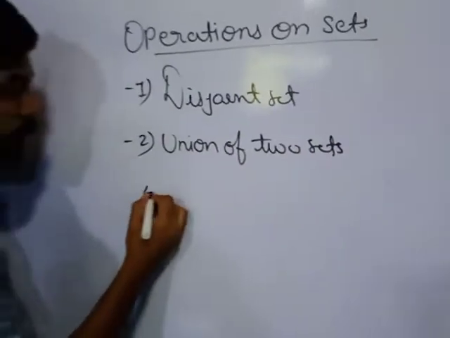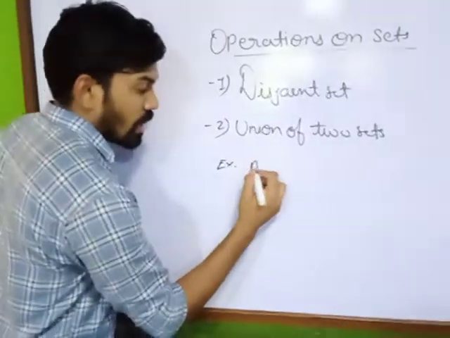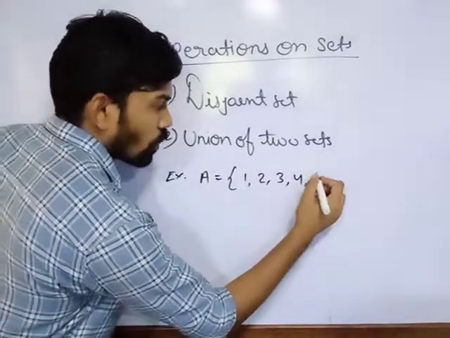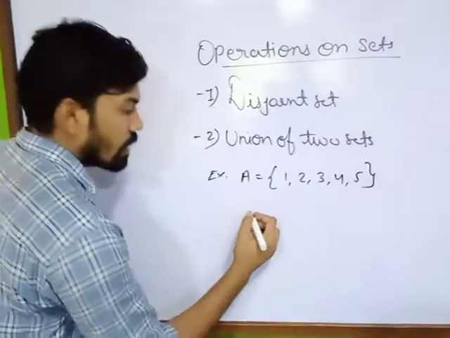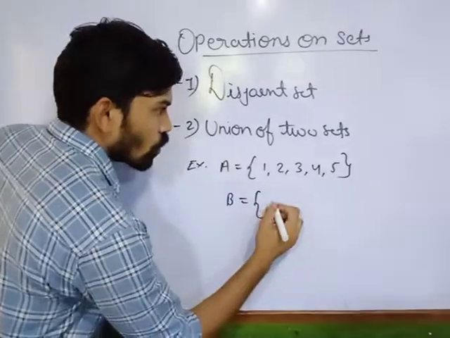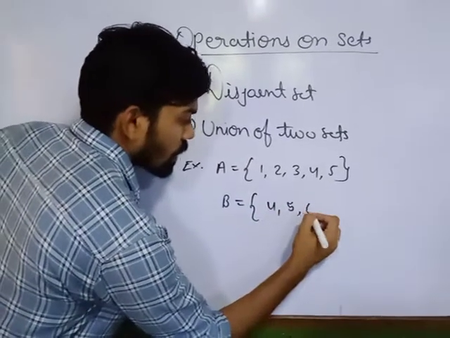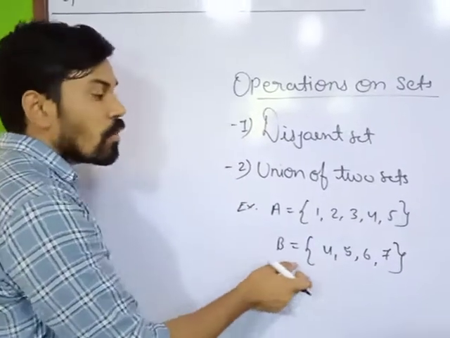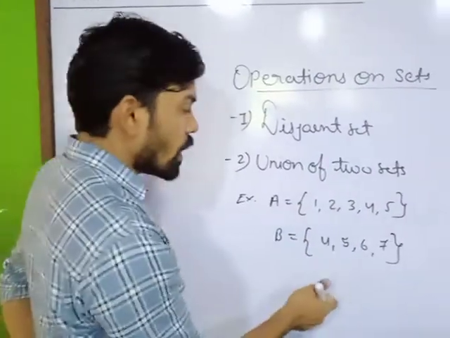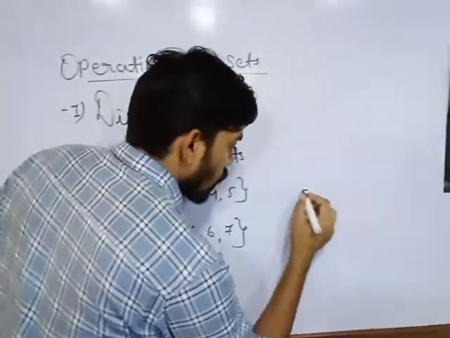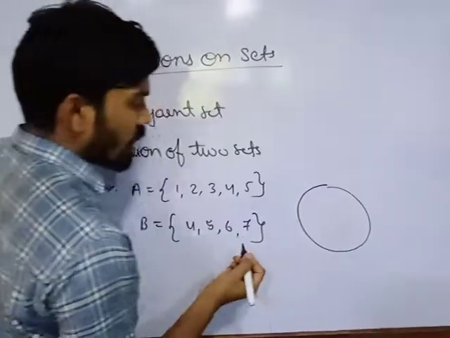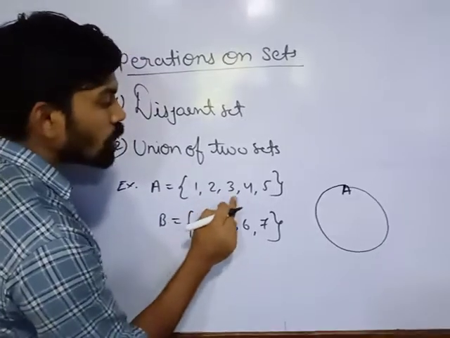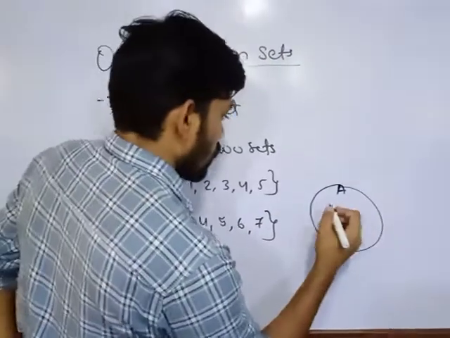Let's take another example. Set A is equal to 1, 2, 3, 4, 5. Set B is equal to 4, 5, 6, 7. Let's try to understand this with the Venn diagram. Set A is given, write the name set A: 1, 2, 3, 4, 5.